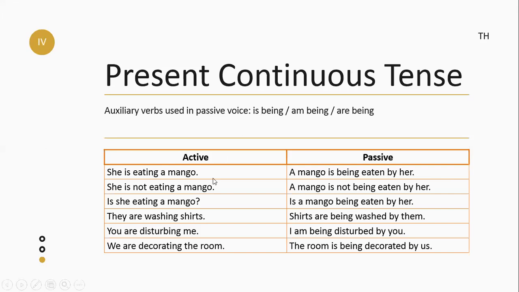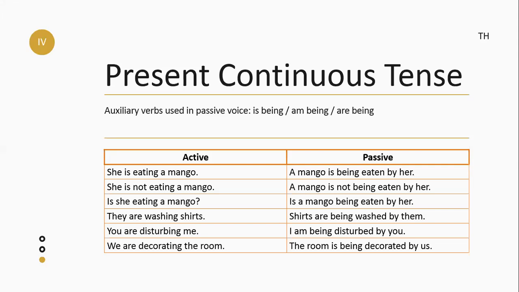Then let's move on to present continuous tense. Can you tell me when we use present continuous tense in the English language, if you can recall? Ongoing activities. Yes, very good. We use present continuous tense when there are activities which are happening at the moment. In the present, you can see the action happening.